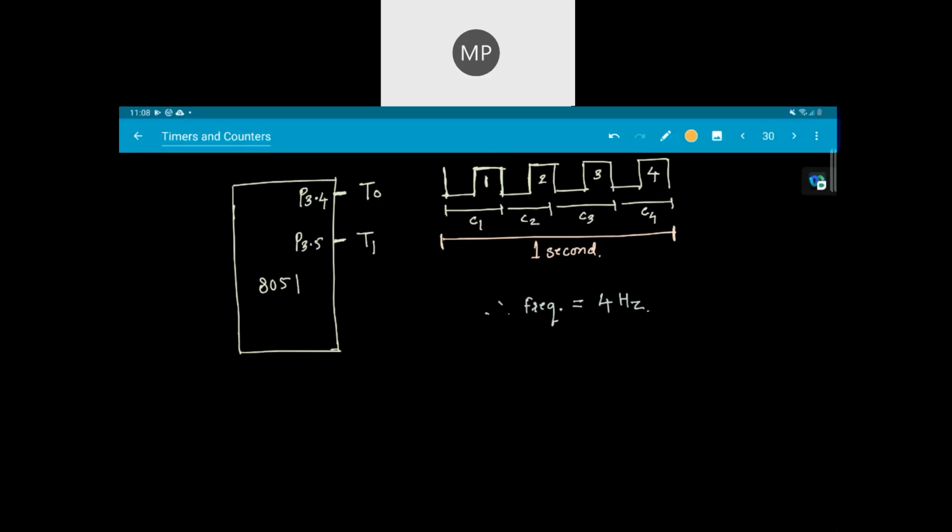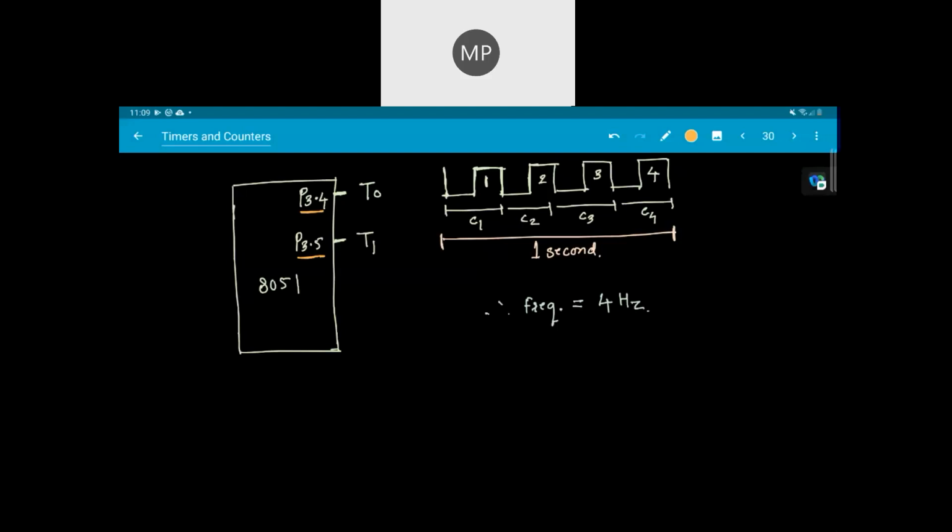Okay, so first of all we'll see this setup. In this setup here we have 8051, and if you remember the pin diagram, pin 3.4 and pin 3.5 are T0 and T1, right? So the function of pin 3.4 and 3.5 is to take the input from external sources or the external system to 8051.